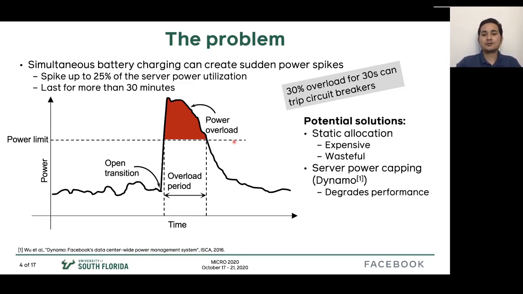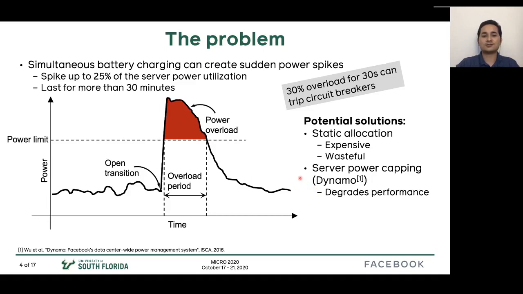A potential solution to this problem is to statically allocate for the battery charging spike in the power budget of the circuit breaker. However, this is wasteful of expensive data center power capacity. Another solution is to cap servers to avoid power overloads, for example, as done by Dynamo.